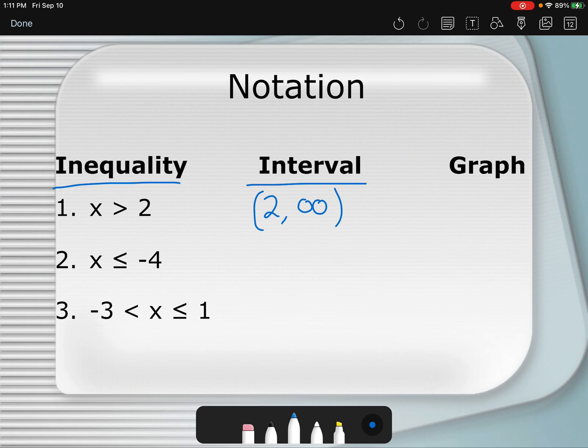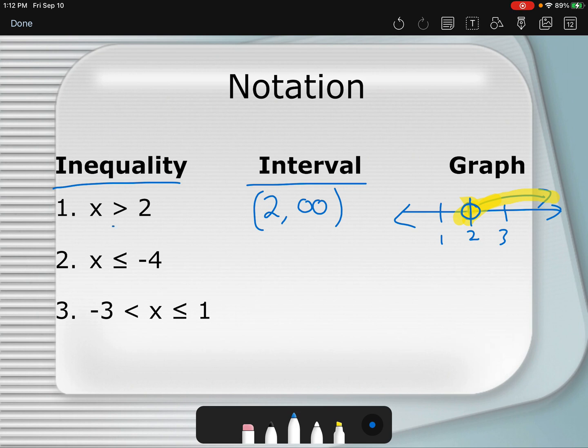If we graph this, that means we're going to start at 2 and go to infinity. It's going to look like that because we have an open point at 2, because we don't have an equal sign on that.